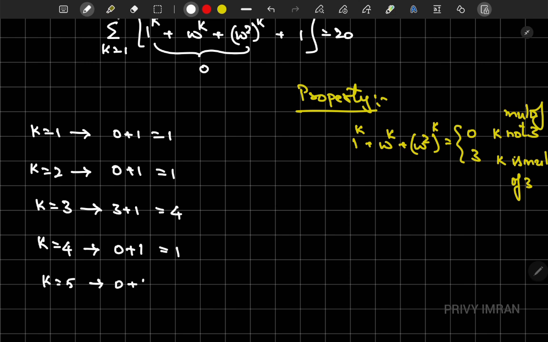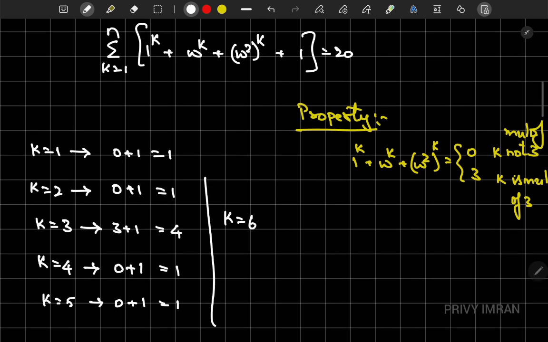Again 0 plus 1 value will be equal to 1, as this value will become 0. Next, if k equal to 6, it is a multiple of 3, hence this value will be equal to 3. Hence if k value is 6, 3 plus 1 value will be equal to 4.